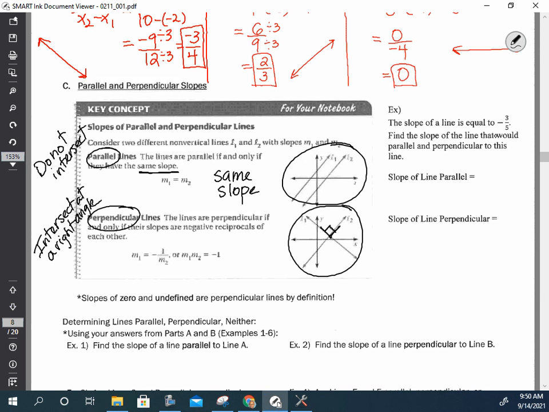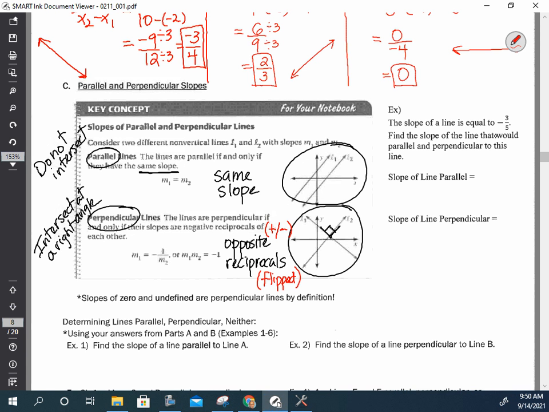Algebraically, to make that happen, the lines have to be what's called opposite reciprocals. Your textbook calls it negative reciprocals. Opposite means one has to be positive, one has to be negative. Reciprocals, one is the flipped over version of the other.